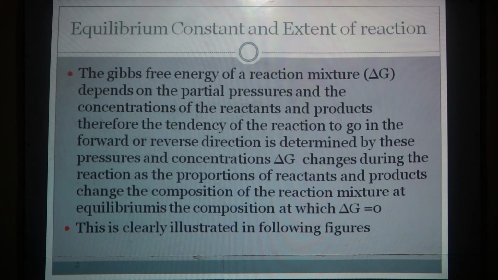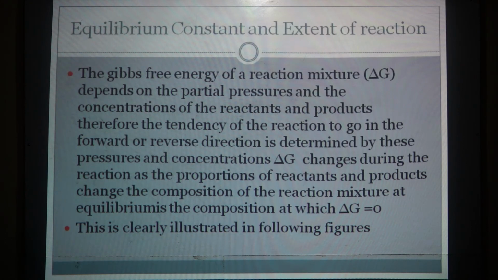Next, equilibrium constant and extent of reaction. The Gibbs free energy of a reaction mixture, delta G, depends on the partial pressures and the concentrations of the reactants and products. Therefore, the tendency of the reaction to go in the forward or reverse direction is determined by these pressures and concentrations.